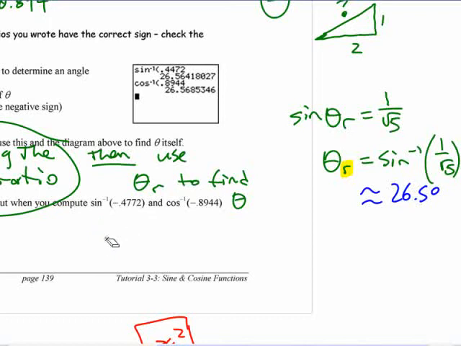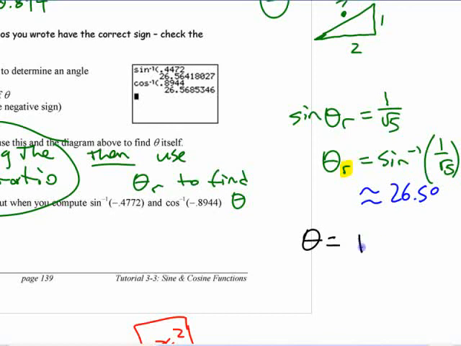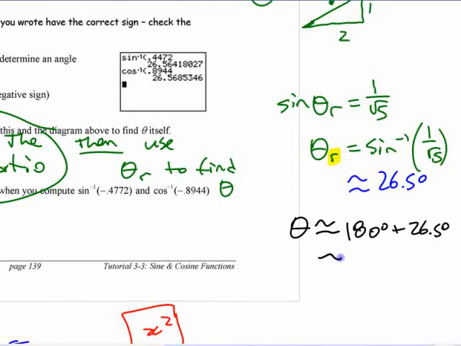Theta equals theta reference plus 180, or it probably makes more sense to say 180 plus theta reference, because you're starting with the 180 and you're adding on the reference angle, 26.5. Actually, what's wrong with this symbol here? It should say roughly equal to 206.5 degrees. Okay, do you understand the logic there?